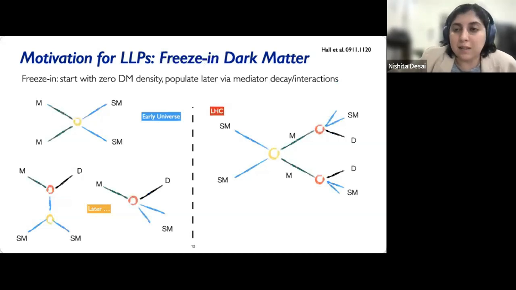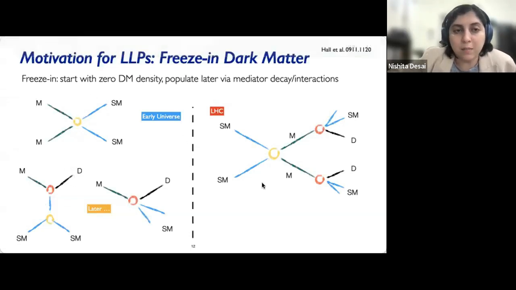Okay, so that's the first case. The second case is that of freeze-in, where you start with no dark matter in the early universe to begin with. You have this mediator particle that freezes out to a very small number density. And then over time, later on, you have decays of these mediators, or mediators interacting with the standard model, to slowly produce dark matter over time.